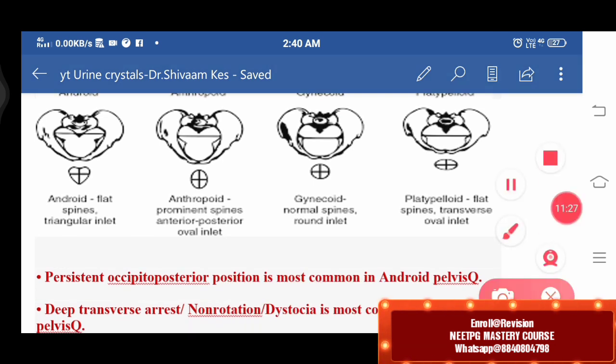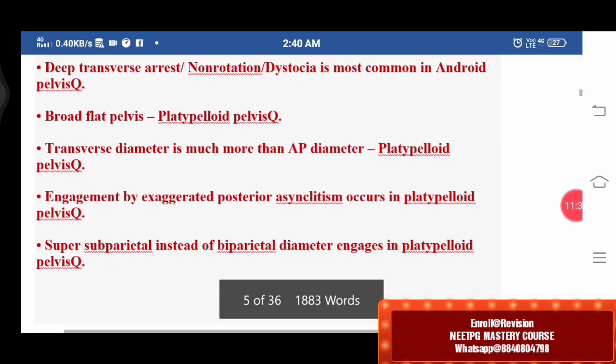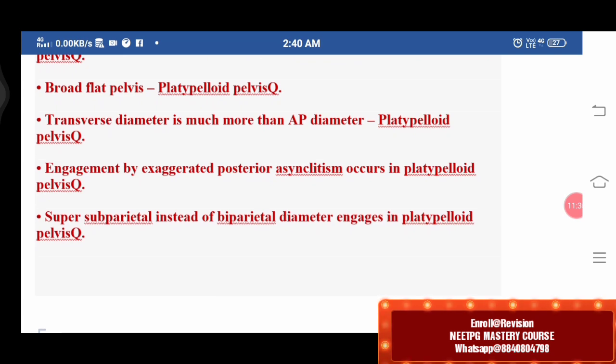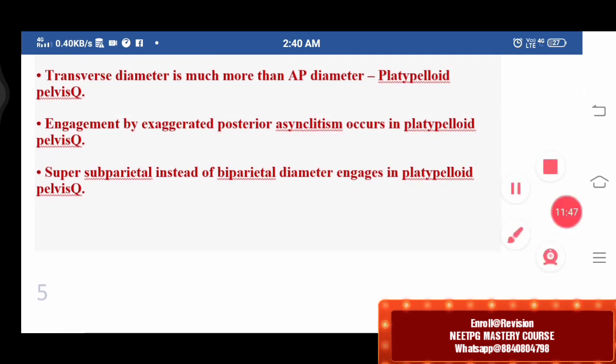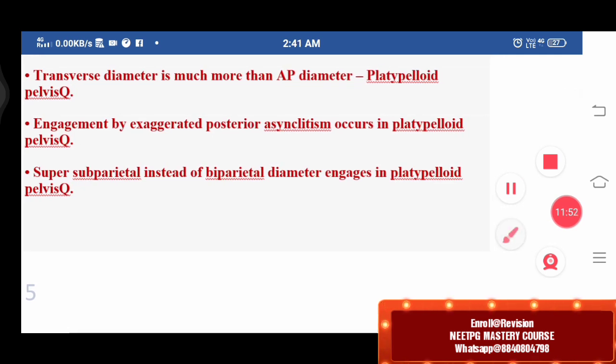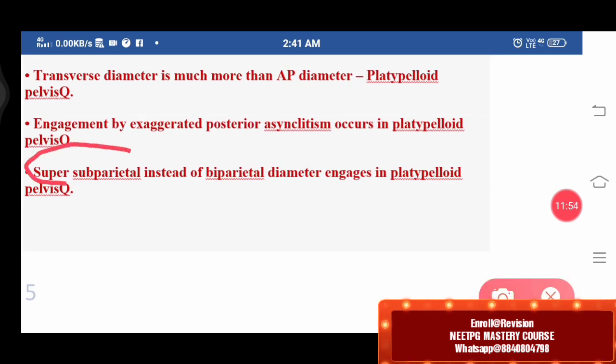Here you can notice the transverse is much more than the anteroposterior diameter, and that is why engagement by exaggerated posterior asynclitism occurs in platypelloid pelvis, and the supraparietal diameter instead of the biparietal diameter engages. So this is the engaging diameter in case of platypelloid pelvis rather than biparietal diameter.